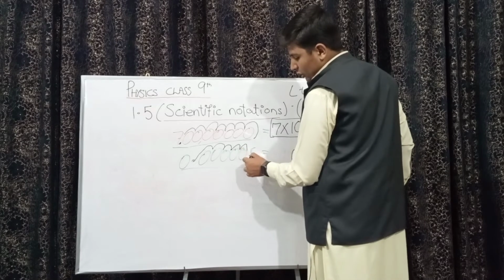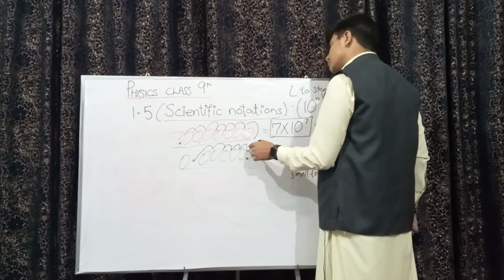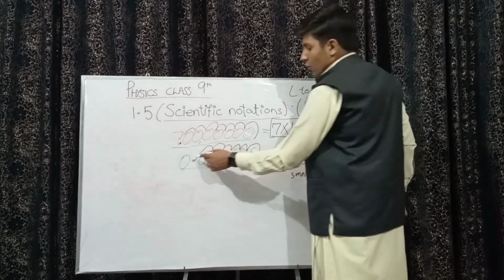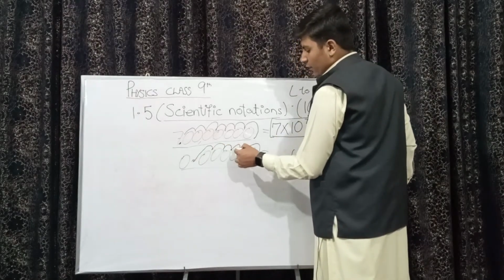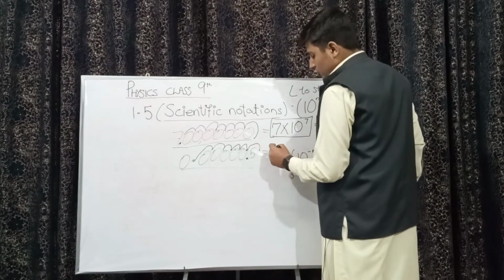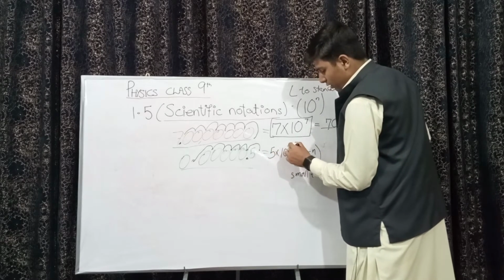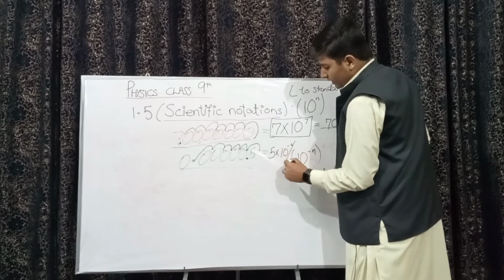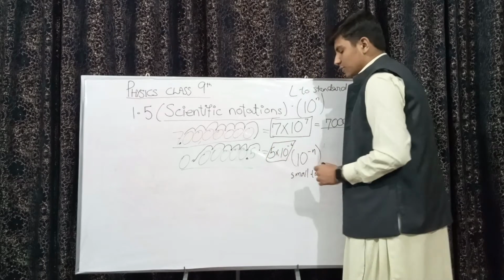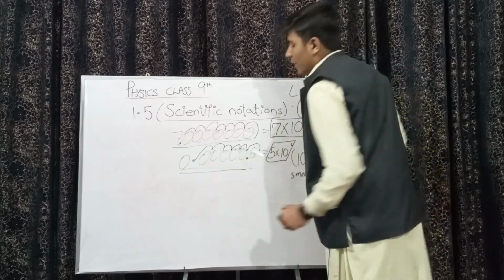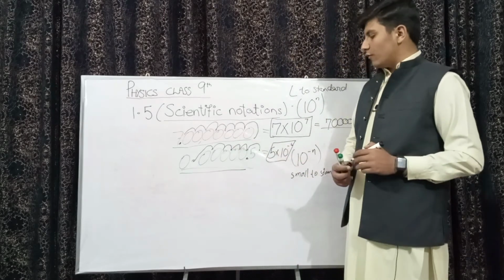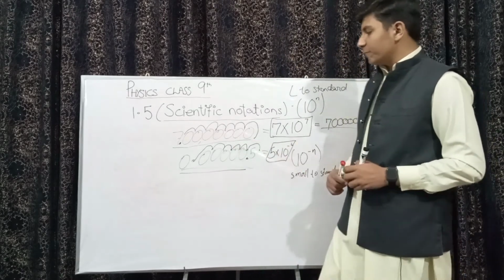We can shift it here too, but if you want to make it more standard, we'll shift it here, 6: 1, 2, 3, 4, 5, 6. So it will be 5 multiplied by 10 raised to power minus 6. If we open this value back, 5 multiplied by 10 raised to power minus 6, the same value will come back.